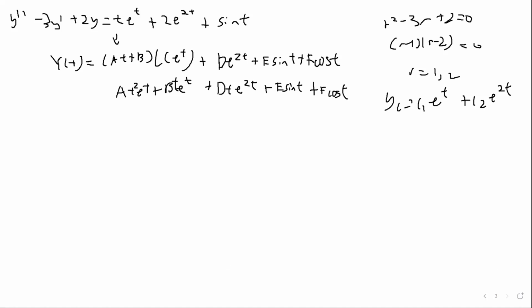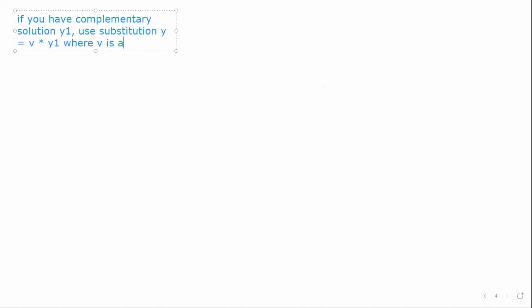Variation in parameters requires a gloriously simple substitution. If you have complementary solution y1, use the substitution y equals v times y1, where v is a function.